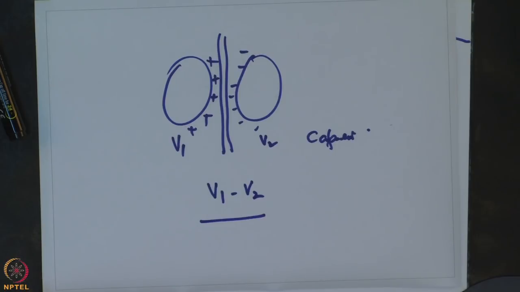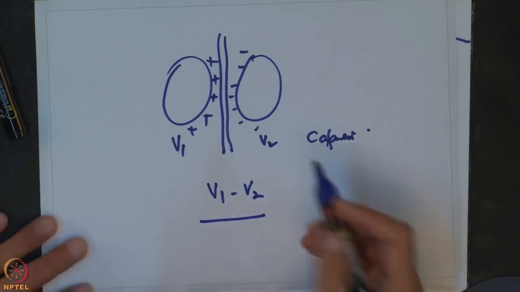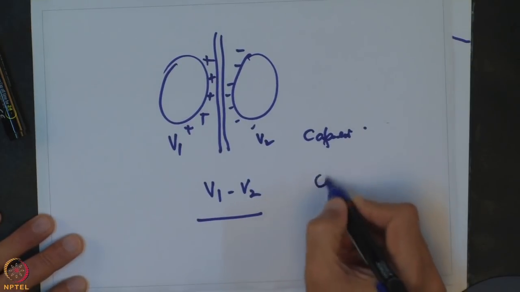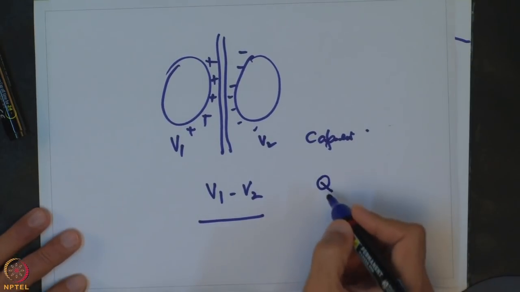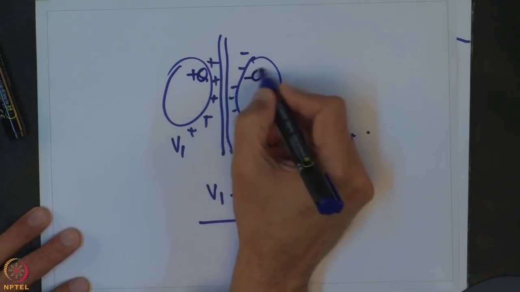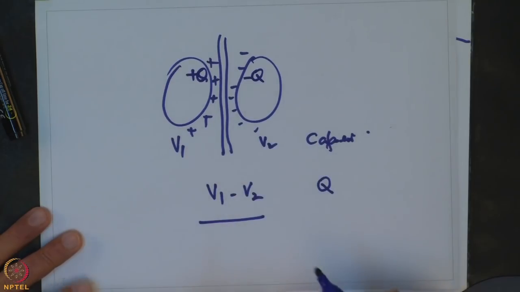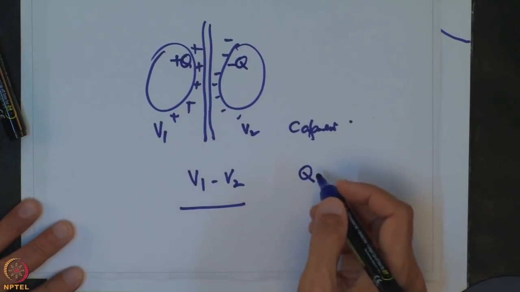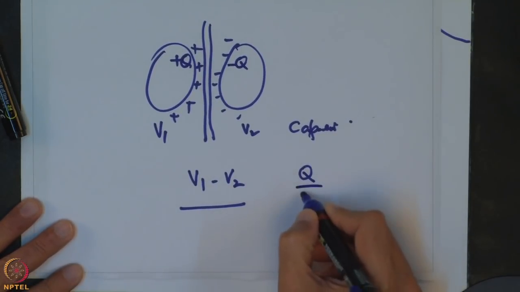Now we can very easily show that the charge Q, where Q is a positive Q charge on the left conductor and a negative Q charge on the right conductor, Q by V is a constant.